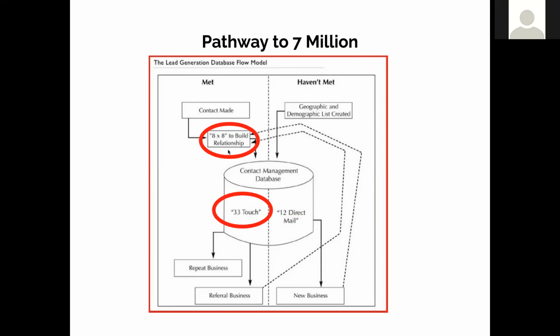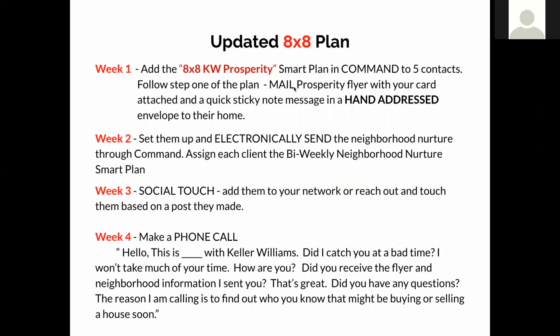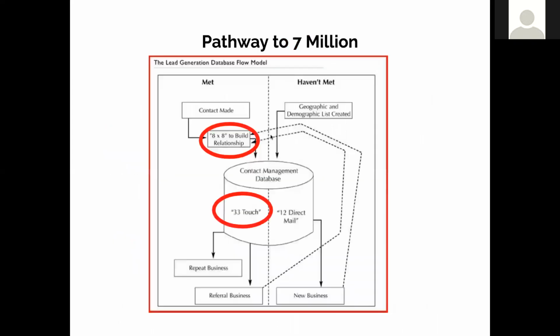When we are adding our customers and clients every week to this 8x8 KW Prosperity Smart Plan in Command, what that smart plan has shown us already is how to organize our customers and contacts and how to keep track of who is due what at any given time, right?